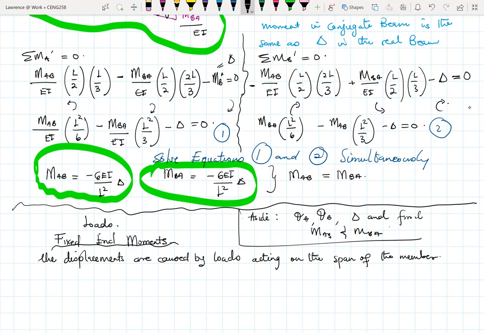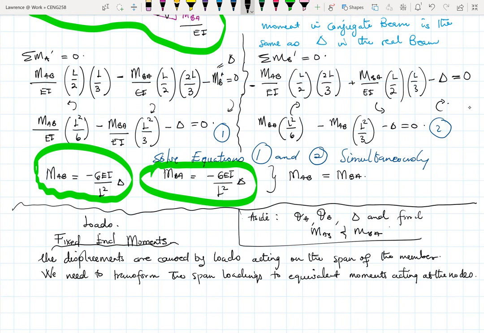So to develop the slope deflection equations, we need to transform the span loadings into equivalent moments acting at the ends.